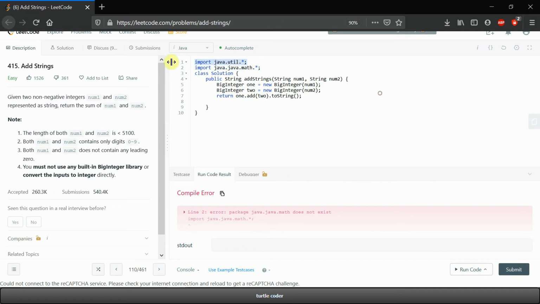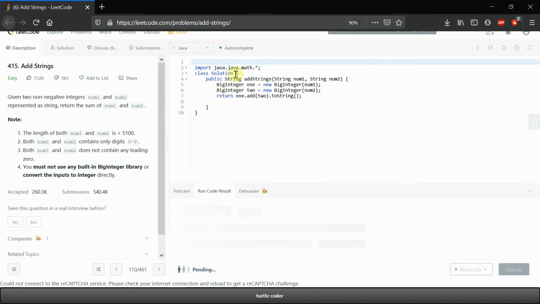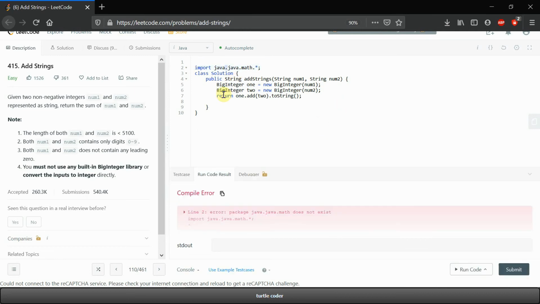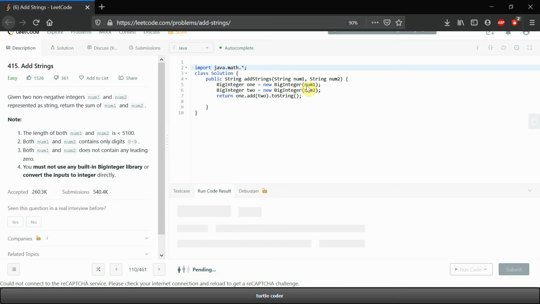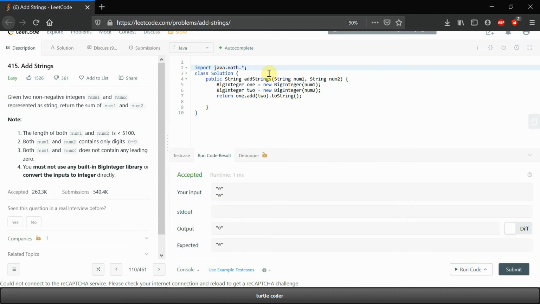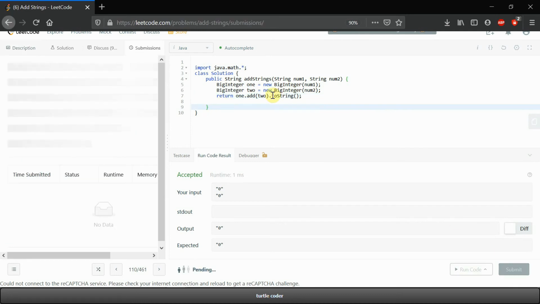And due to this LeetCode thing, I think they have restricted it. My bad. So it gets submitted, I guess, successfully. Let me try to submit this one.